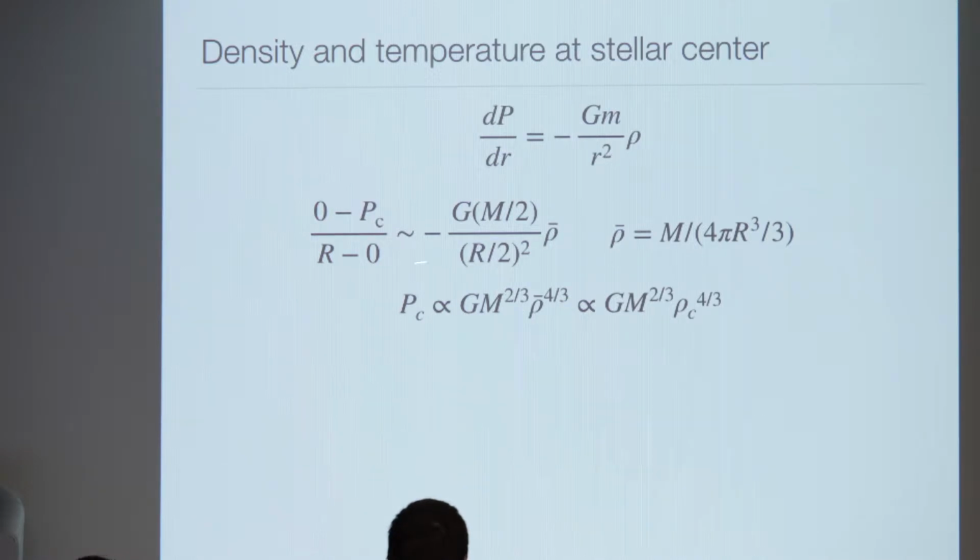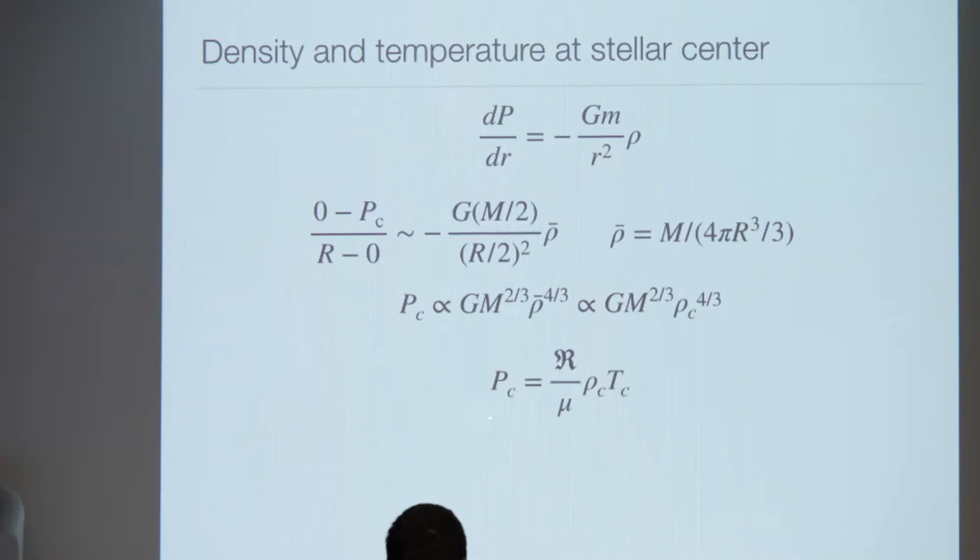But here we use the central average density. We can show that the central density is proportional to the average density. So we simply change this average density to the central density, and that's what the star is supposed to follow.